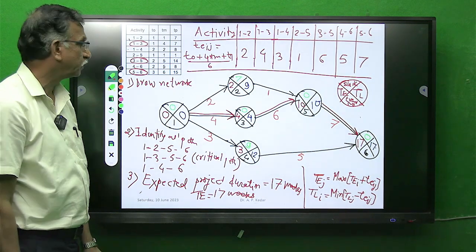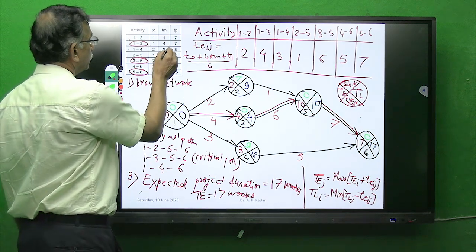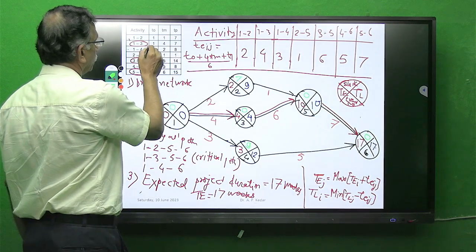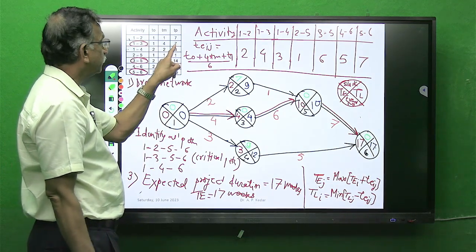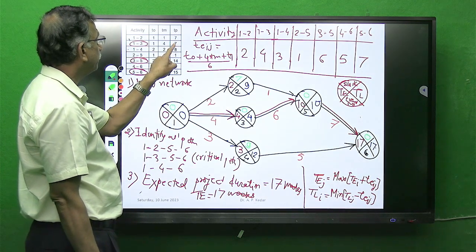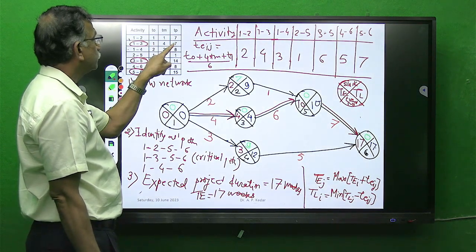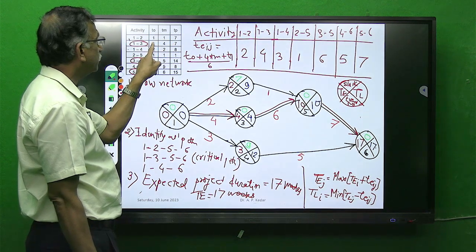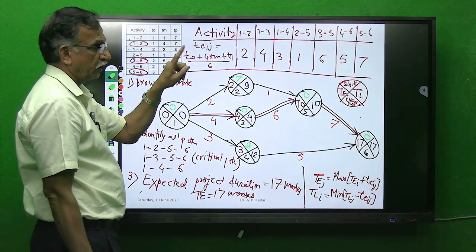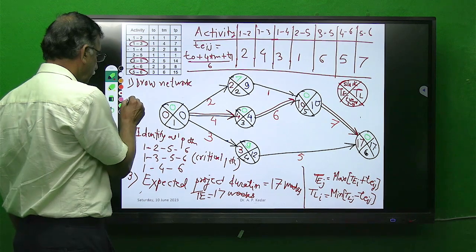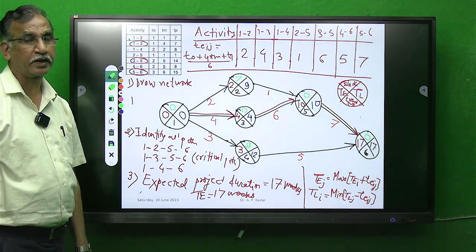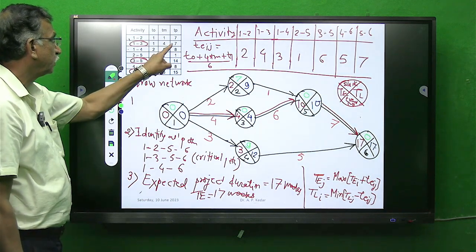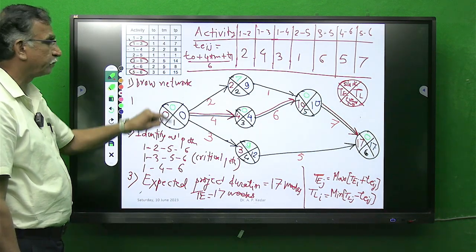Got it? Now, for 1-3, if I calculate standard deviation, it is Tp minus To by 6. So 7 minus 1, 6, 6 by 6, 1, and square of 1, 1. So variance is 1 for 1-3.